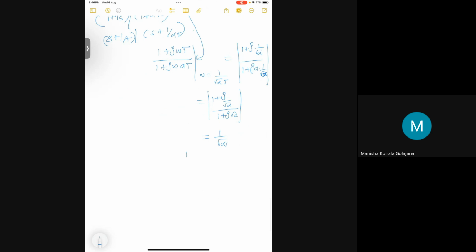So you know the alpha value, right? Alpha is equal to 0.25. So if you have 1 by root alpha, this will be 1 by root of 0.25. Root of 0.25 is 0.5.